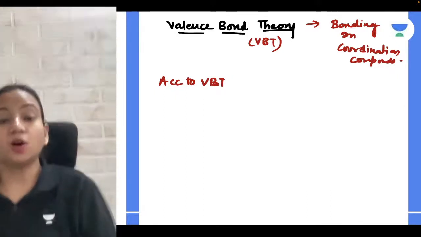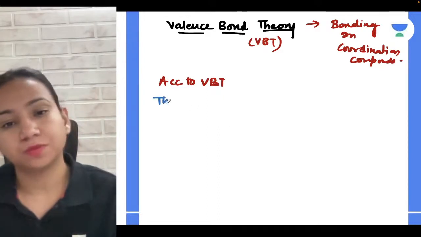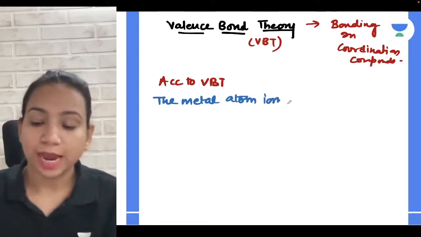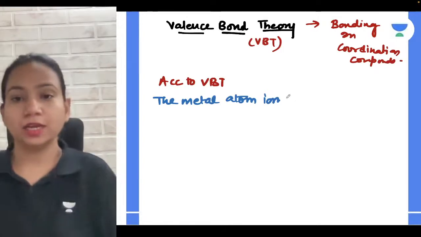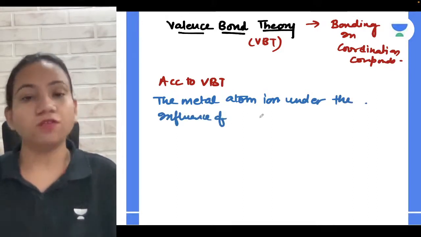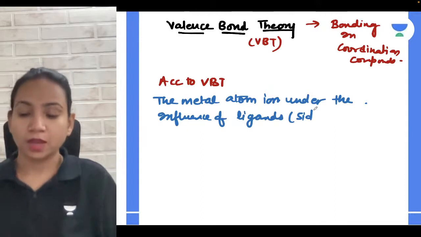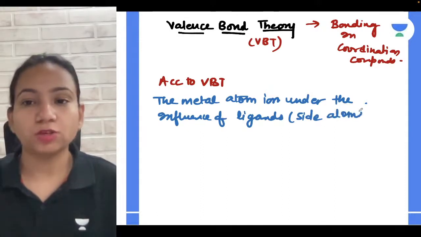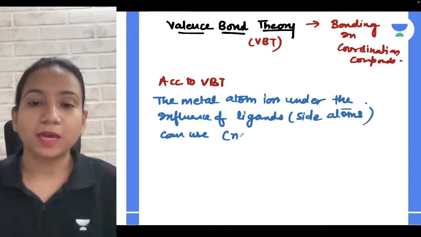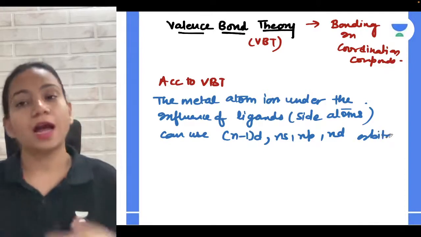So according to VBT, the metal atom or ion under the influence of ligands, which we can also consider as side atoms, can use n-1 d, ns, np, nd orbitals for hybridization.